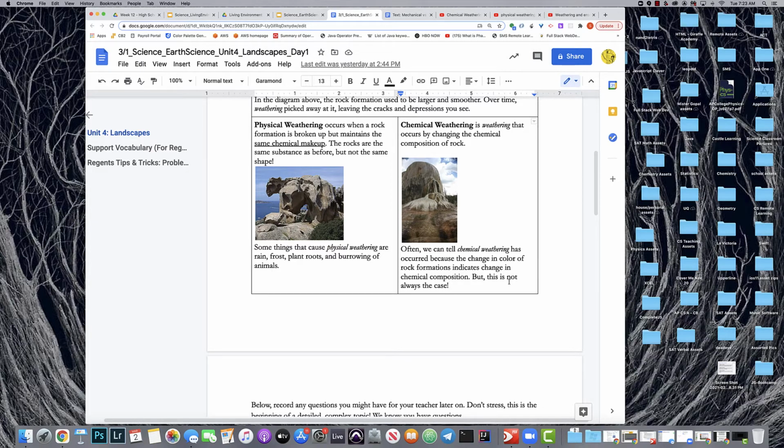That is, water can stain a rock formation, thereby changing the color without actually changing the chemical composition. So this is not a dead ringer for chemical weathering, but very often in more pronounced situations like the one above in this picture, we can tell that chemical weathering is going on based on the change in color.